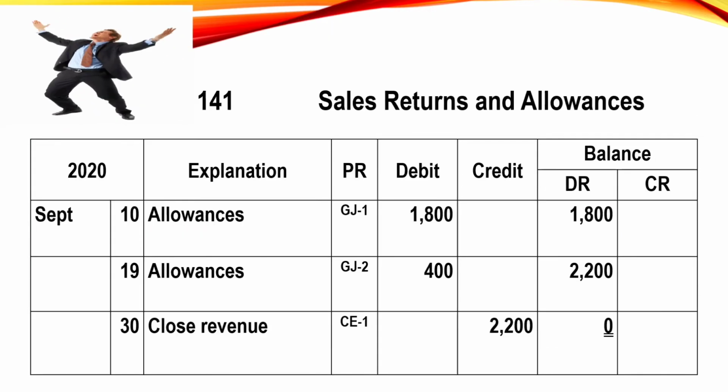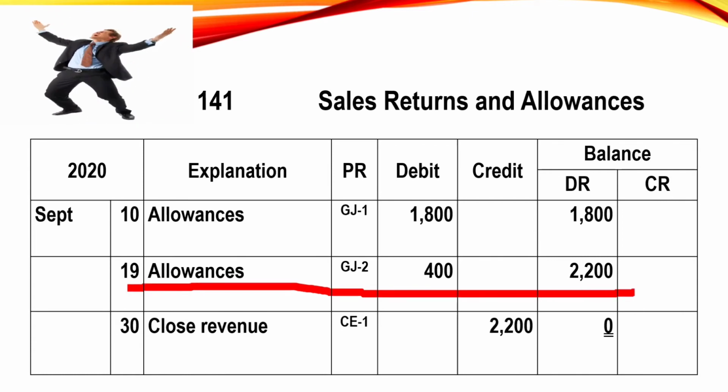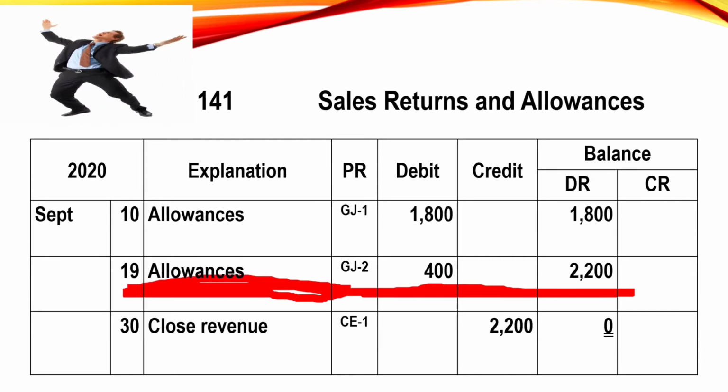Here, sales return and allowances. I want you to check the other modules so you can relate. For right now, we credit sales return and allowances because its normal balance is debit. We credit it to make it zero. So, 2,200 minus 2,200 is equal to 0.